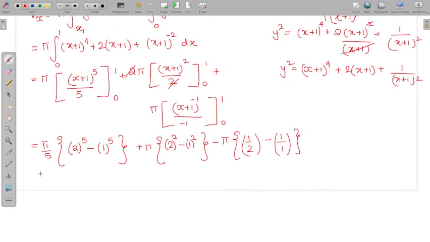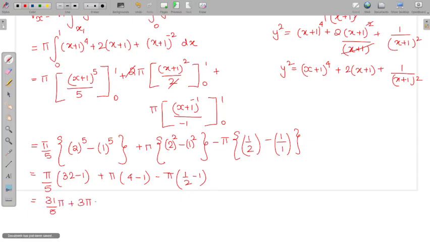Now let's find out the values. Pi by 5, this is going to be 32 minus 1, plus pi, which is going to be 4 minus 1, and minus pi, which is half minus 1. So that is 31 by 5 pi plus 3 pi plus pi over 2.